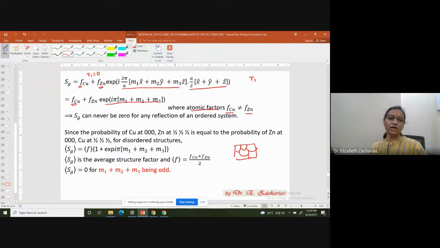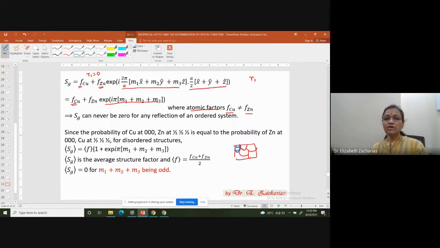So as a result, if you keep putting points in space, there is a great probability that within this crystal, maybe all the 0, 0, 0 positions of each primitive cell are occupied by copper.